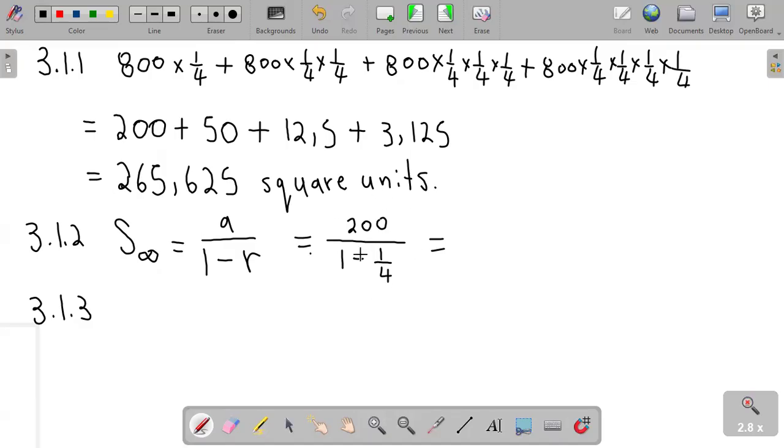So we use a calculator here to get the answer. It gives me 800 over 3, which is equal to 266.67 square units.